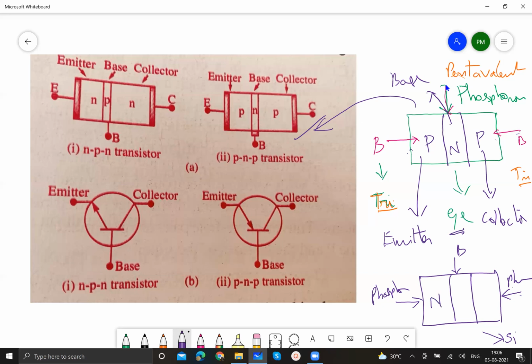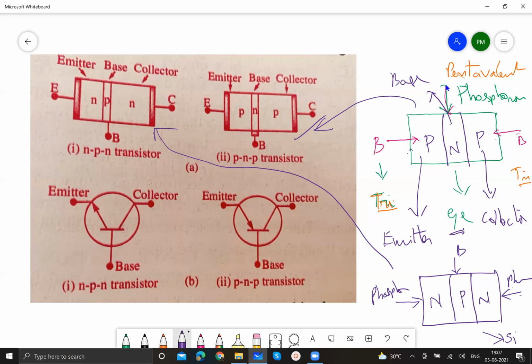Therefore, these two will become the n-type extrinsic semiconductors, and the central portion where boron is doped will acquire p-type. This is what I mean. So thus, we have two different types of transistors. One is the NPN transistor, second one is the PNP transistor.